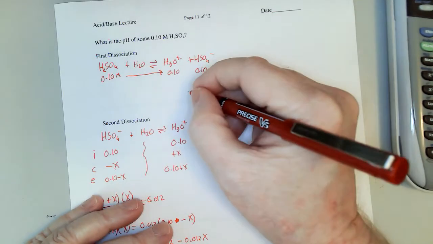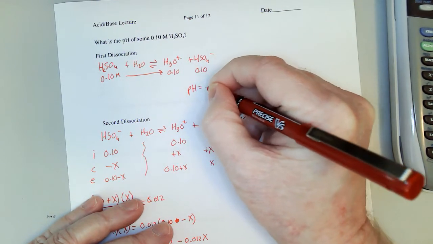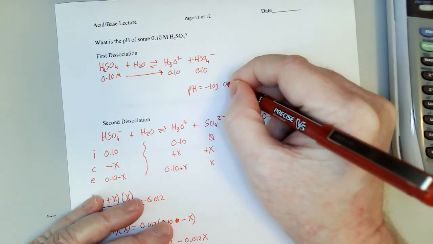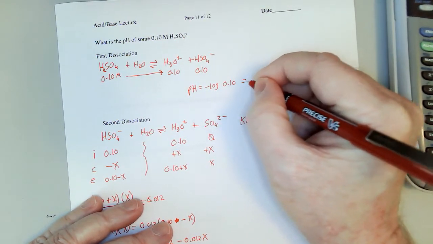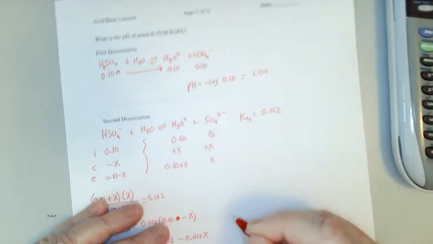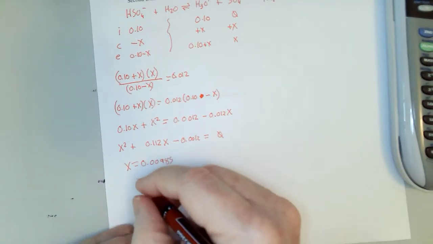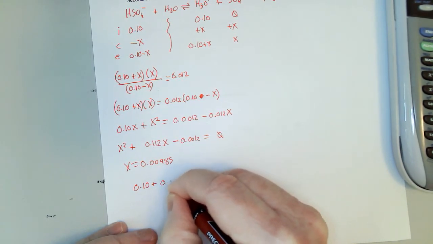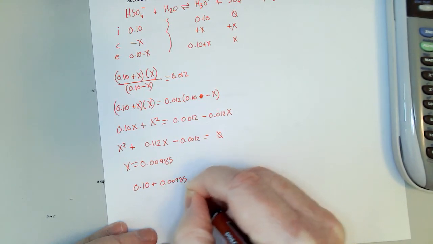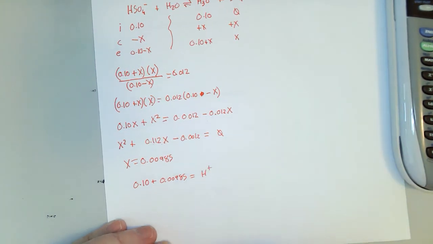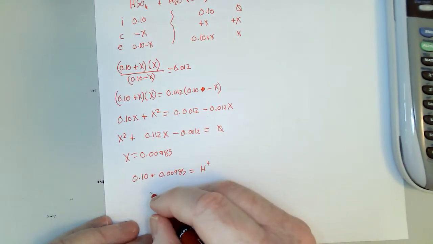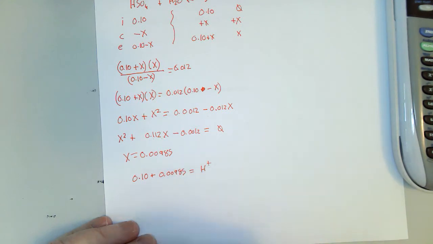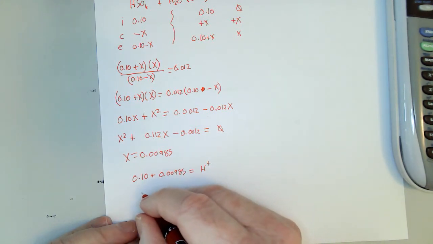Now, this is actually going to make a difference. So up here, if I calculated the pH, it would equal the negative log of 0.10, and that would equal 1.00. Now here, if I take my 0.10 plus 0.00985 as the total H plus concentration, that gives me 0.10985.